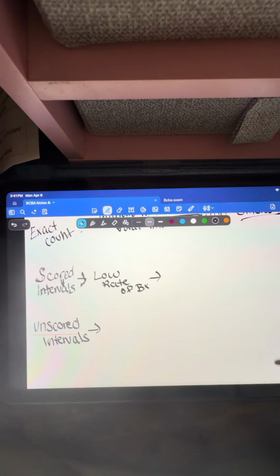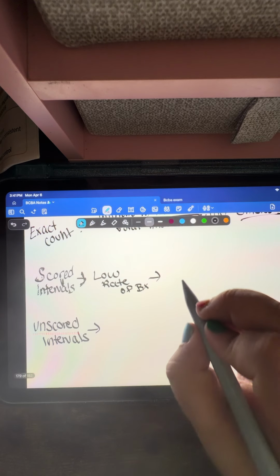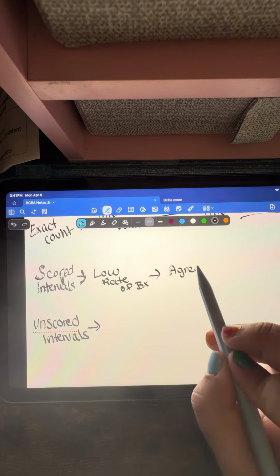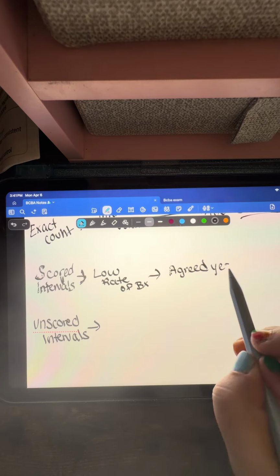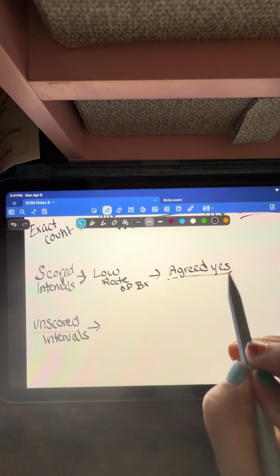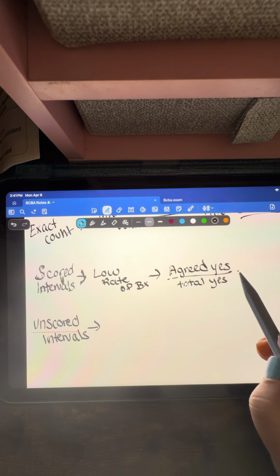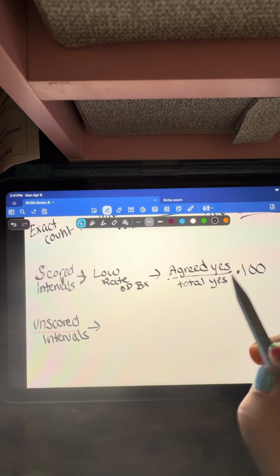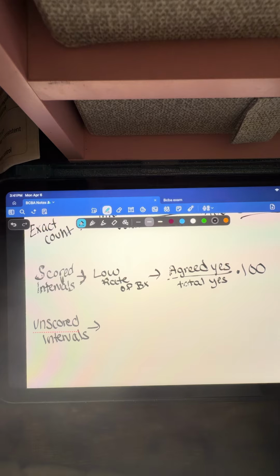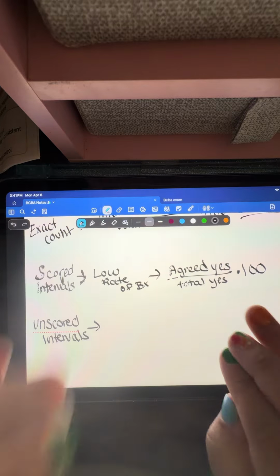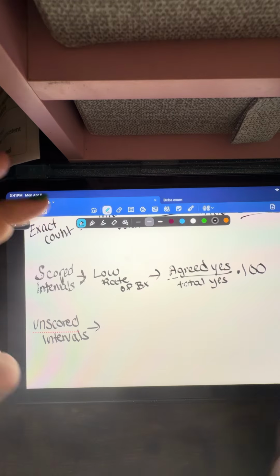So really all we want in the data is the agreed yeses over the total yeses times 100. Because we already know the no's are going to be like 95%, right? So if we're minimizing all that data down and only focusing on the yeses, it's going to be a lot better data than all the no's.